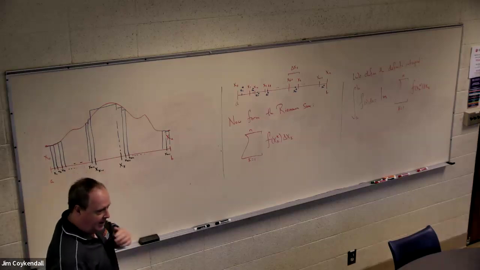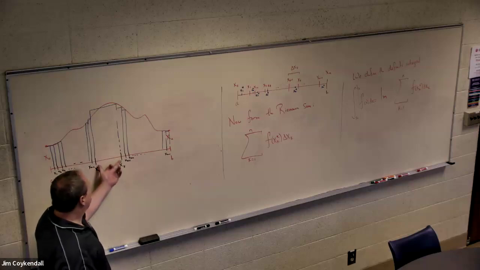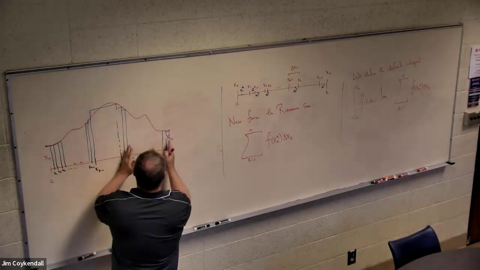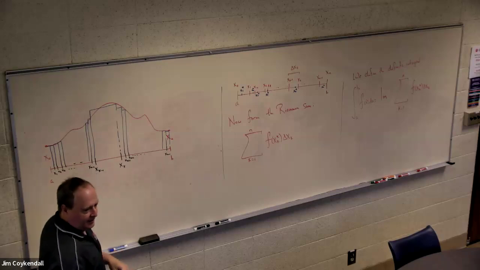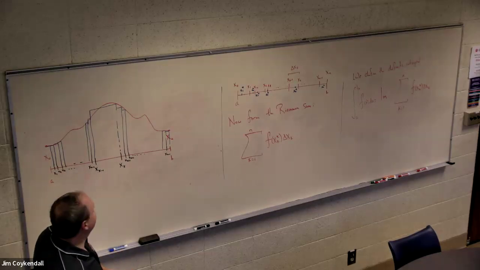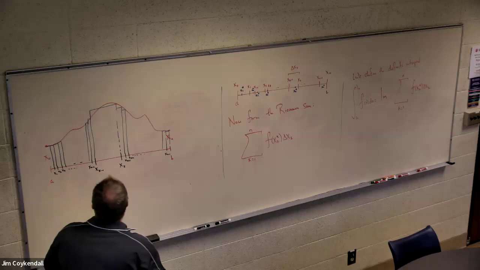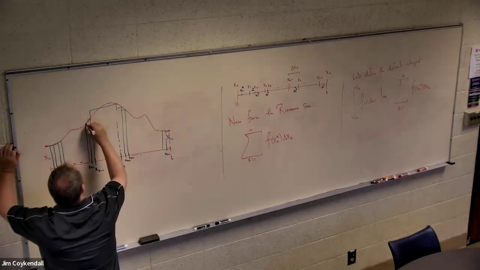What's going to be the problem with that? This box always stays static, never moves, but I'm adding more and more boxes in here. At the end of it, what's it going to look like? When you take the limit, isn't it going to look exactly like this?